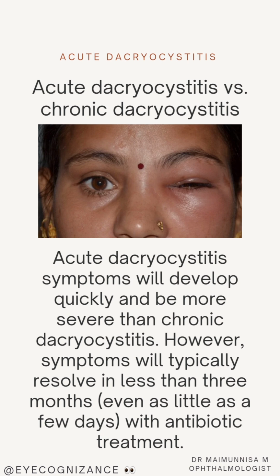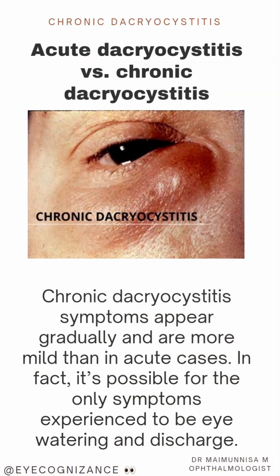However, symptoms will typically resolve in less than 3 months or even as little as a few days with antibiotic treatment. In chronic dacryocystitis, symptoms appear gradually and are milder than in the acute case. In fact, it's possible for the only symptom experienced to be eye watering and discharge.